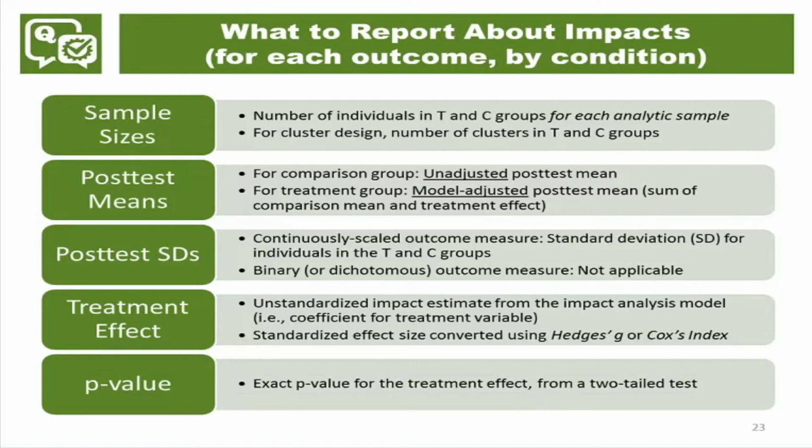So you can refer to the WWC Standards Handbook version 4 to find out more information about how they assess that bias from missing data and what additional information you might need to report if you have imputed data for a design other than an RCT with low attrition.